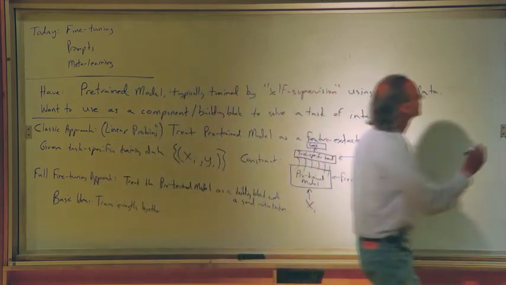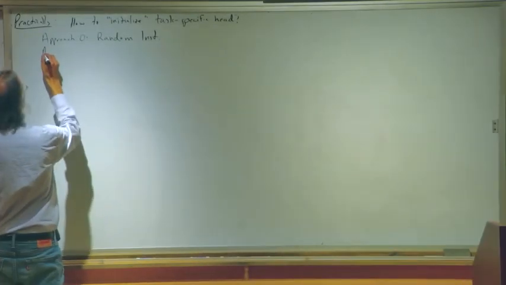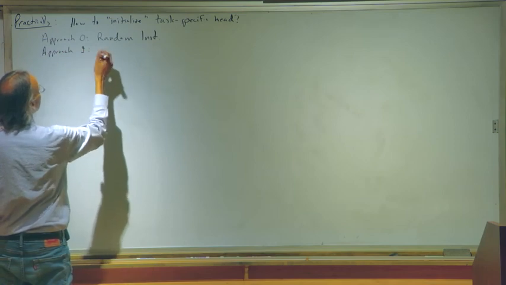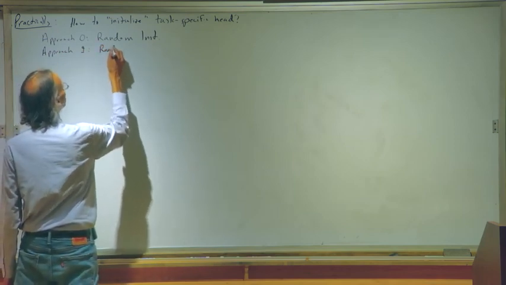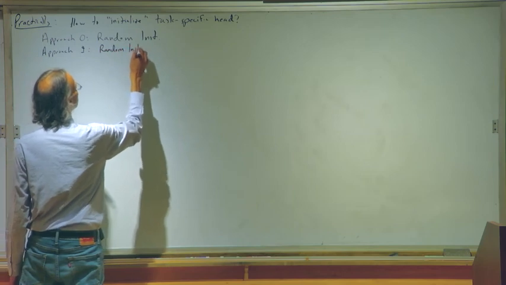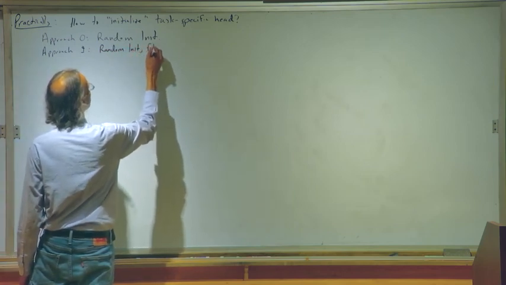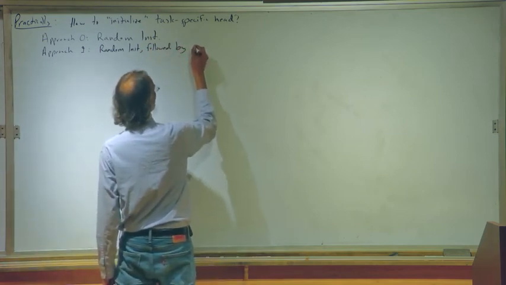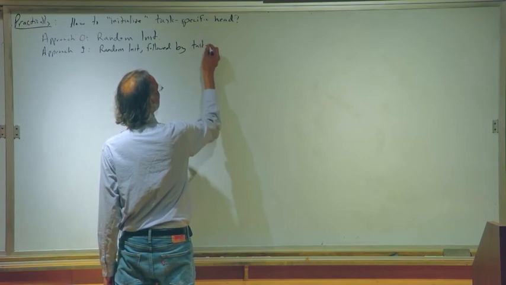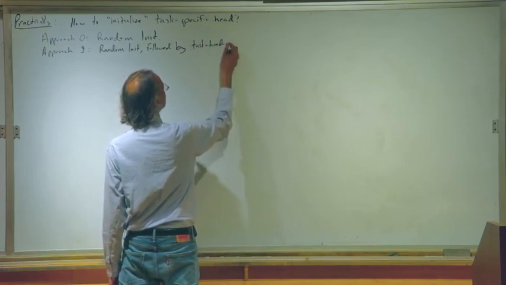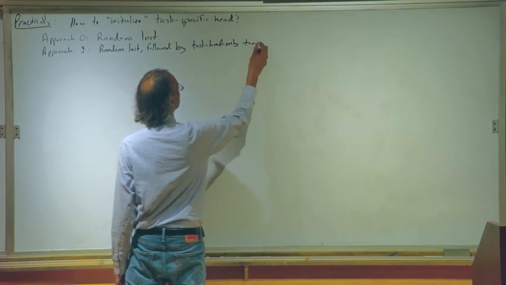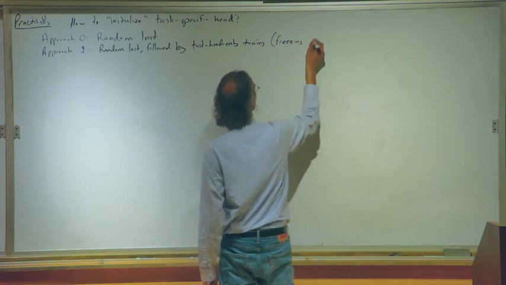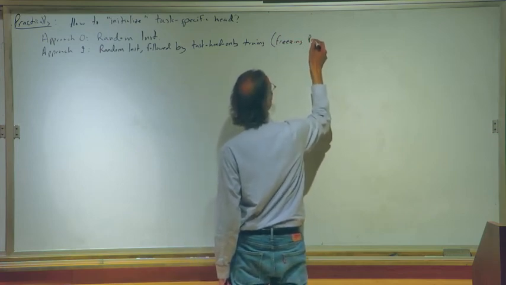So approach 1 is random init followed by task head only training, freezing the pre-trained model.